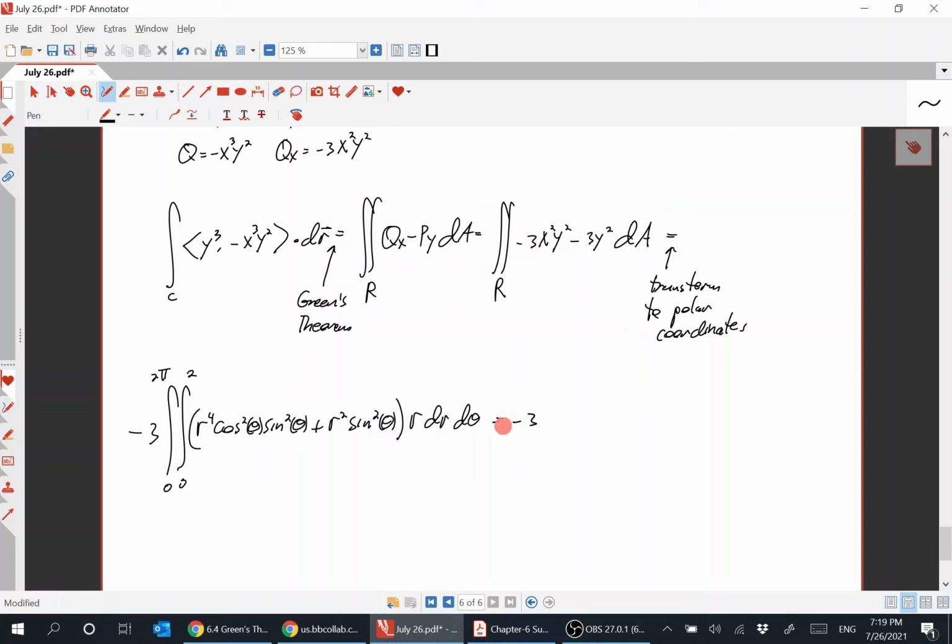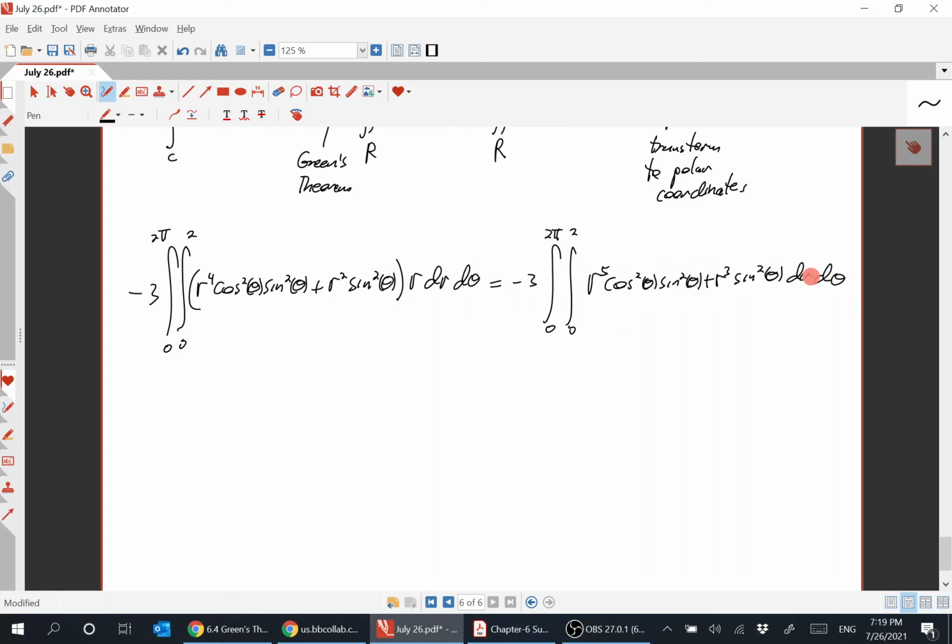So this is minus 3, integral from 0 to 2 pi, integral from 0 to 2, r to the 5th cosine squared theta sine squared theta, plus r to the 3rd sine squared theta, dr d theta. So now let's calculate the antiderivative with respect to r.